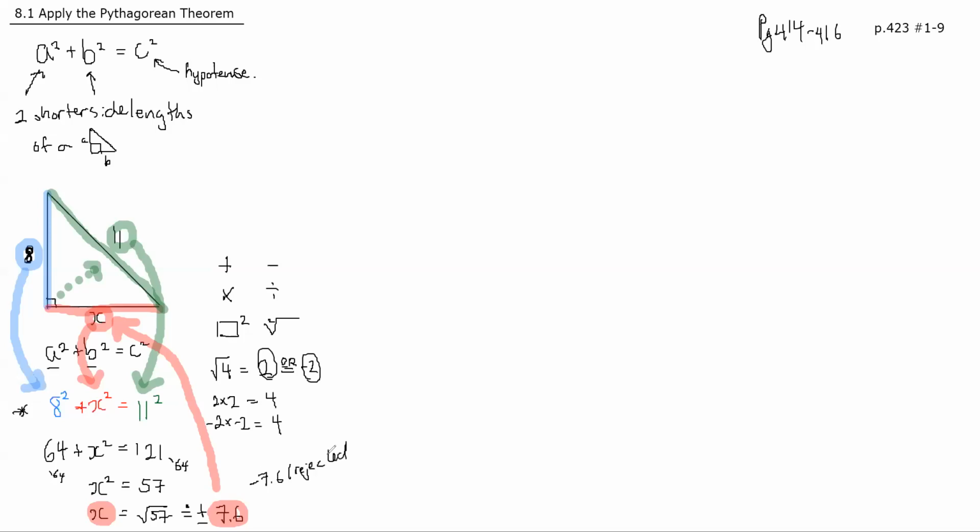The proper term for this is an extraneous root, an extraneous answer. Mathematically, a negative 7.6 is correct, but in our story, it doesn't make sense, so it is rejected. Therefore, the x is going to be approximately 7.6.